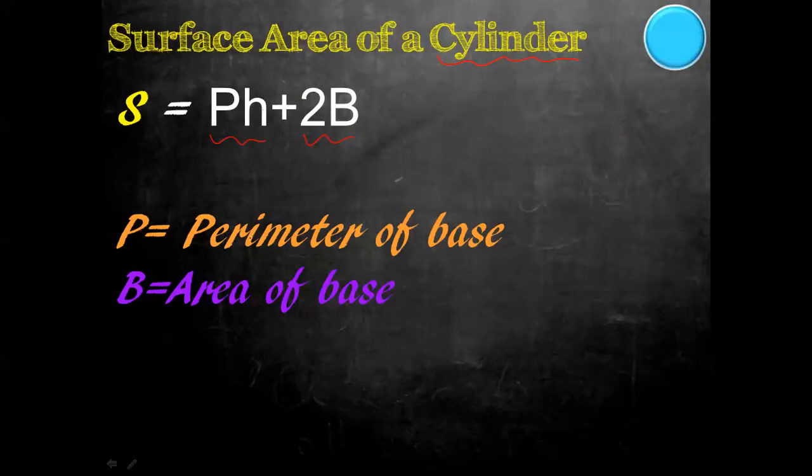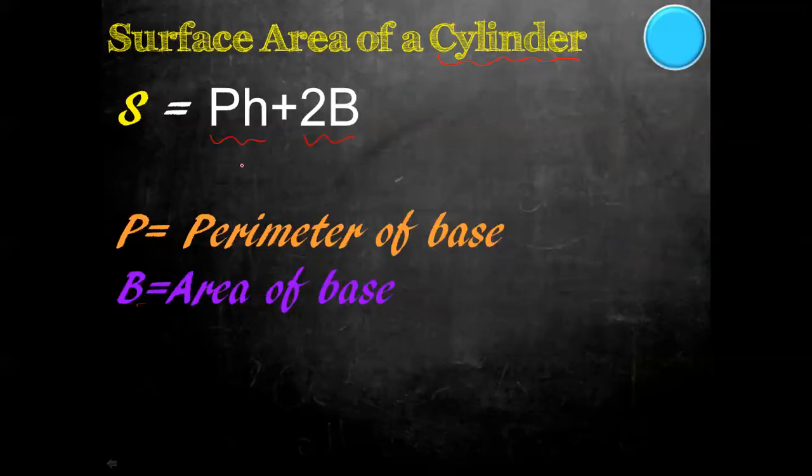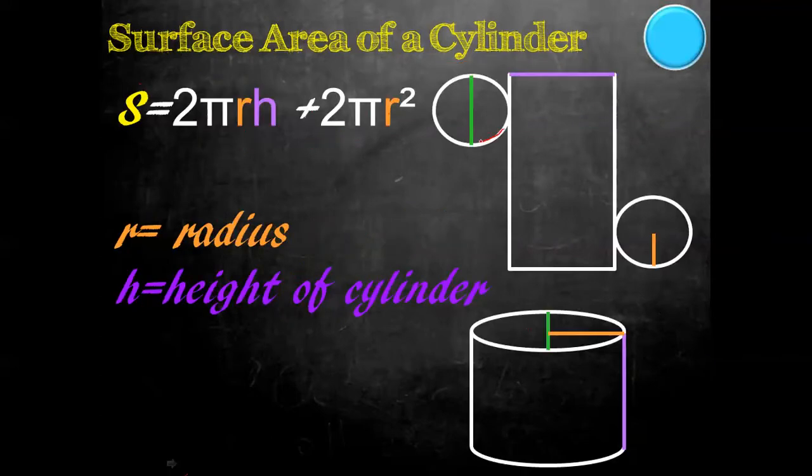But P again stands for perimeter of the base, and B stands for area of the base. So surface area of a cylinder is going to be 2πrh plus 2πr². Let's break this down. P is the perimeter of the base. Now, our base is a circle.